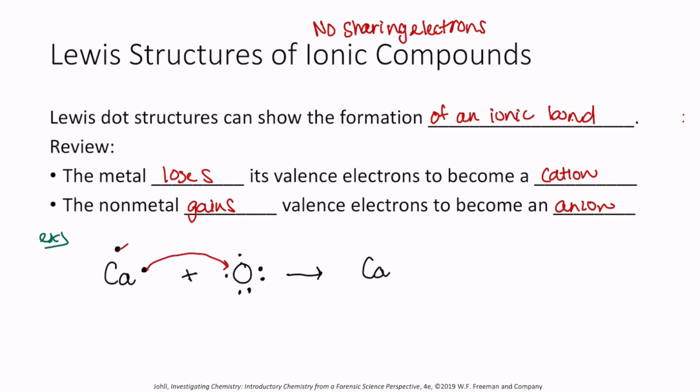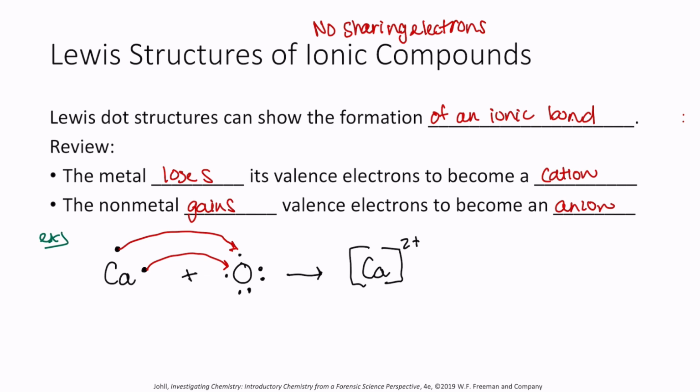calcium donates its two electrons to oxygen, the Lewis symbol isn't going to have any electrons around it. And I can show, since it lost those two electrons, it's going to have a 2 plus charge.